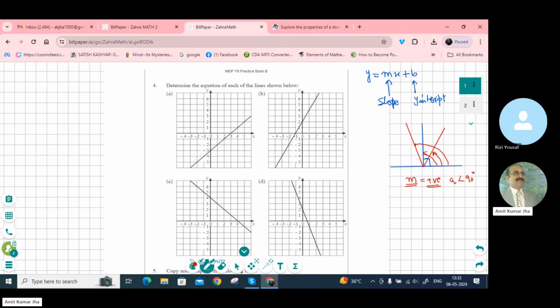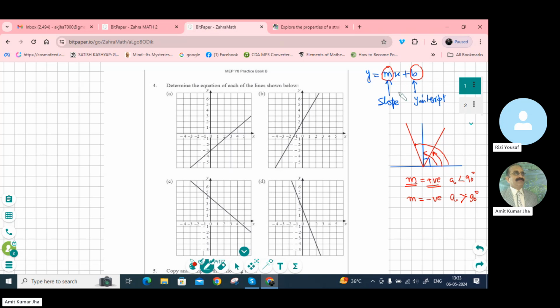And slope is negative when the angle is greater than 90. So 2 points you have to remember. Now in order to write the equation, you need only two things: m, the slope, whether it is positive or negative, and the y-intercept.